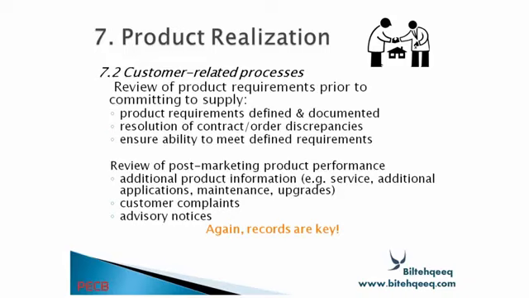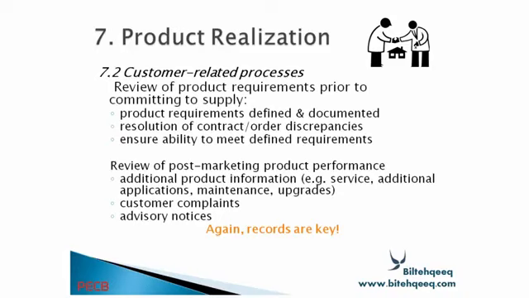7.2 is customer related process, review of product requirements prior to committing to supply. So you have to first review what the customer is asking. Product requirements defined and documented. Resolution of contract order discrepancy, ensure ability to meet defined requirements. Review of post-marketing product performance, additional product information, for example, service, additional applications, maintenance, updates, customer complaints, advisory notes.